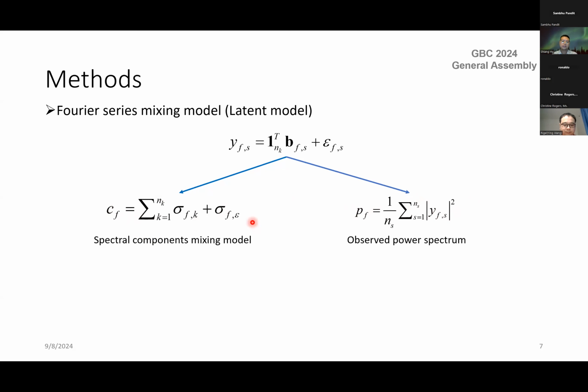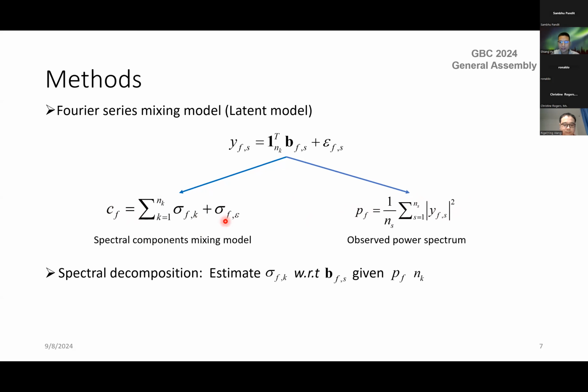So actually the problem is transformed: given the real, observed spectra and the number of peaks, and with respect to the unobserved latent variables, estimate the spectra of the different processes.